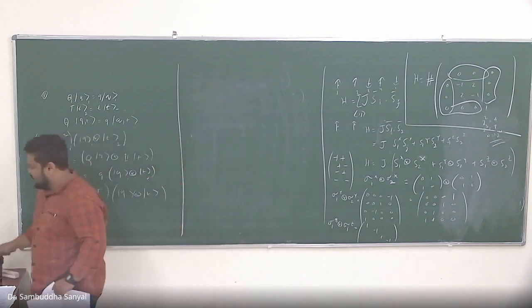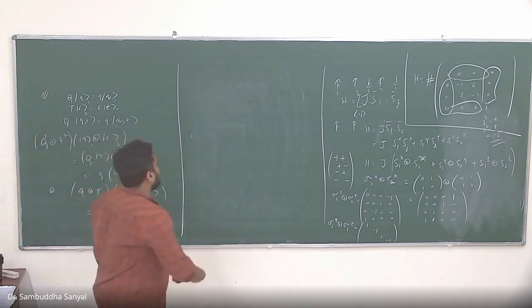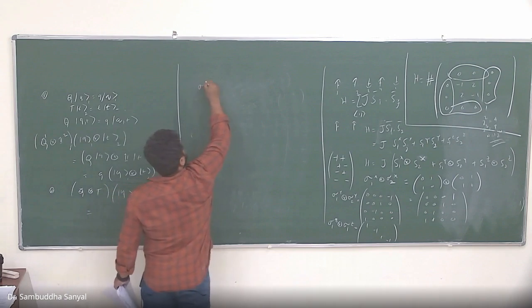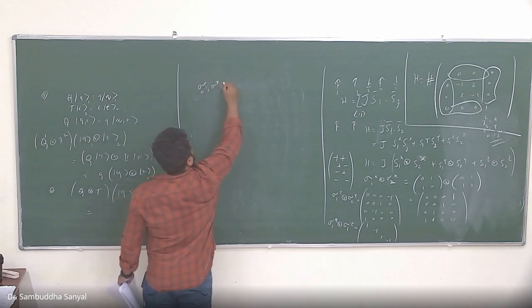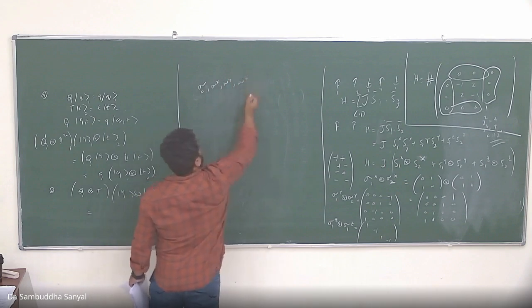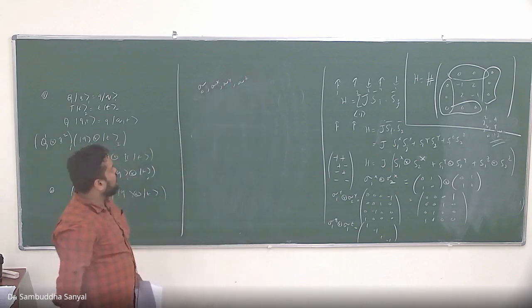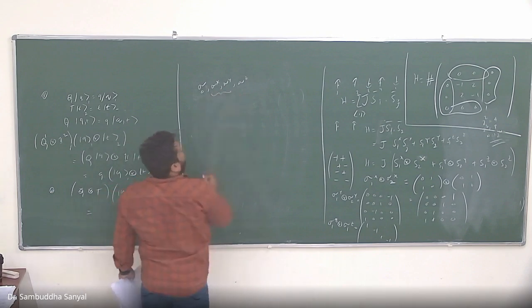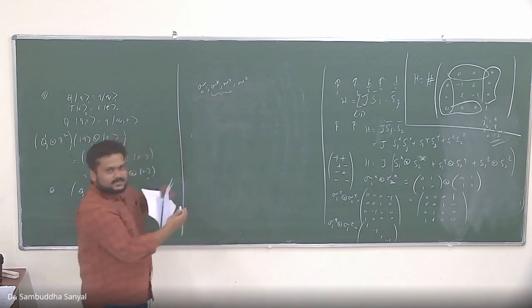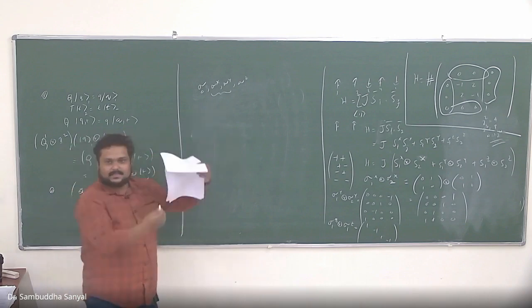What I am going to do: the Pauli matrices form a basis, right? Sigma naught is identity, sigma x, sigma y, sigma z, okay? Now we said earlier that the problem with x and y is that they are not diagonal. So I can construct a basis which rotates this Pauli basis in the xy plane.